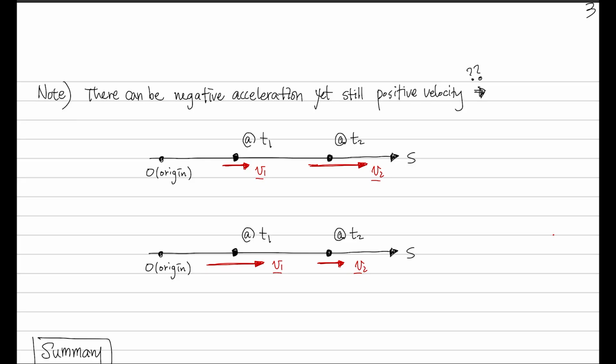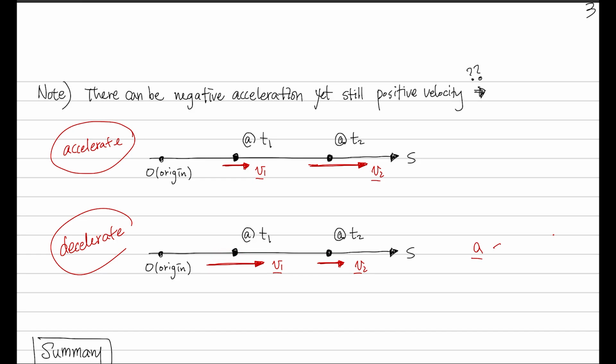So this is a case where you accelerate. At time 1, you're relatively slow. At time 2, you're getting faster. And you were fast and you get slow, but the acceleration is going to be a negative value. And here, acceleration is a positive value. Okay?